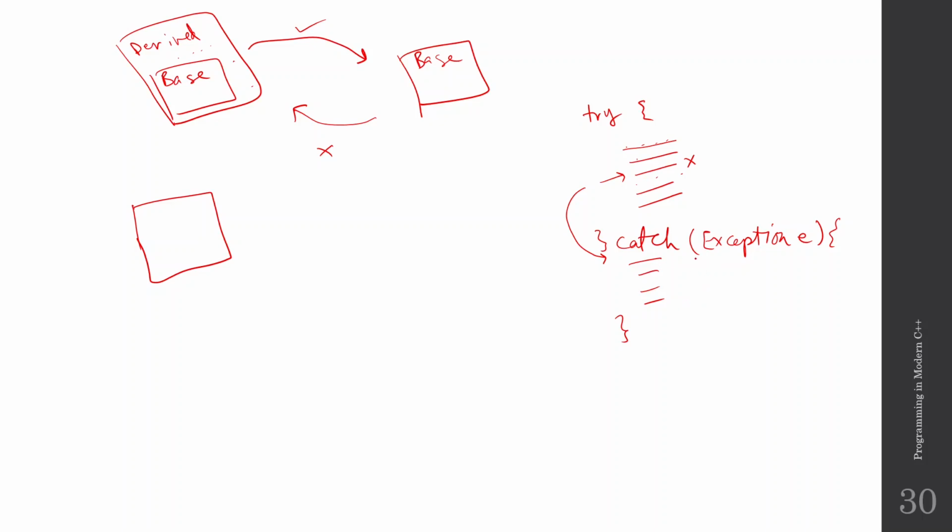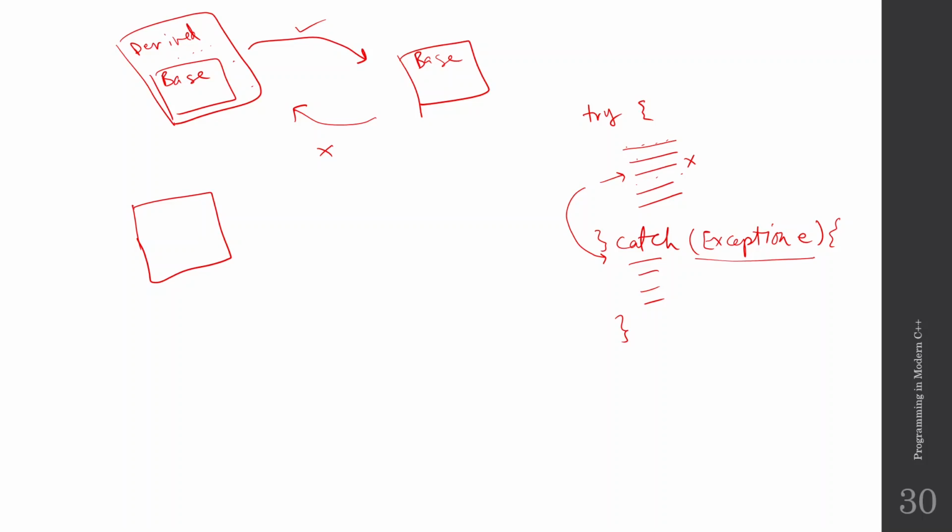Now the catch block accepts the argument e. This argument e is of exception class. Exception is a class, and this e is of exception type, and the e variable will contain information about the error which caused the crash.